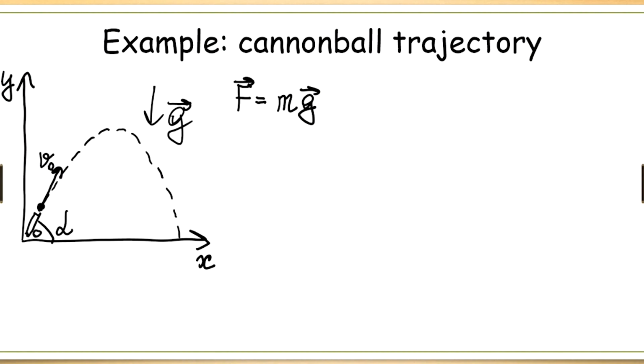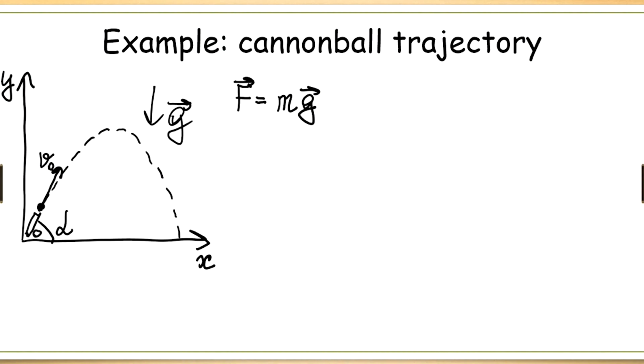In our coordinates, this direction will be down, perpendicular to the Earth surface, and the force can be represented simply as the product of the cannonball mass and the gravity constant g, which combines the mass of Earth, its radius, and the universal gravitational constant.